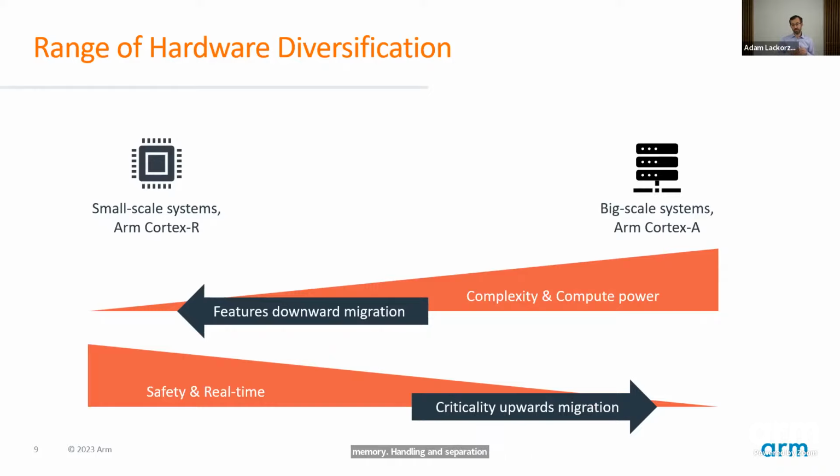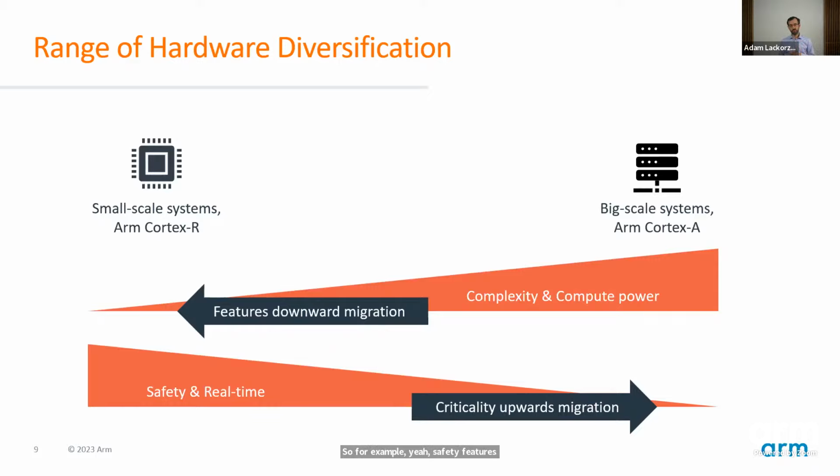All right, and the other thing we see is that both profiles move closer to each other. The Cortex-A systems get features that have previously only been available for the Cortex-R, for example safety features.